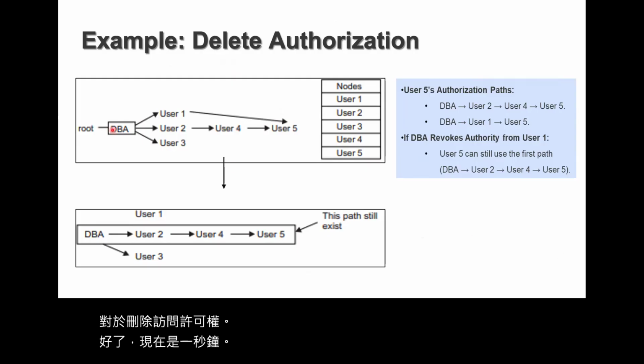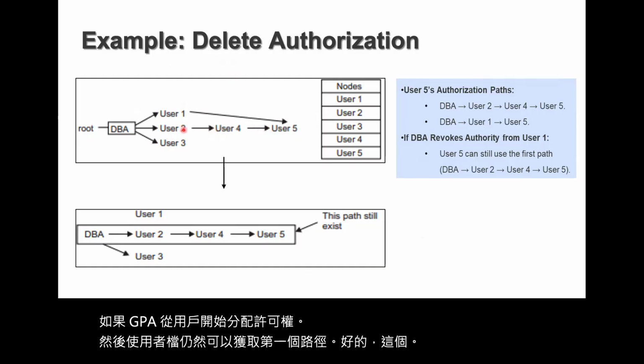If the DBA revokes the authority from user one, then user five can still get the delete access through the first path, okay, this one.